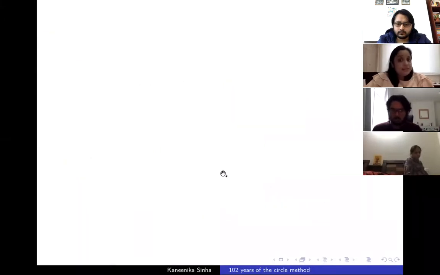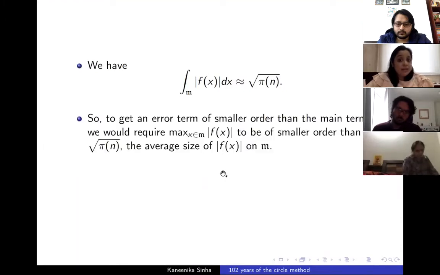But what that means is that this method is so restrictive that we end up requiring the maximum value of a function to be of smaller order than the average size. Not happening, right? How can the maximum value be of smaller order than the average size? So this is the reason why the circle method, in the way that we are working on it here, fails for the binary Goldbach conjecture. Binary Goldbach is still an open problem.